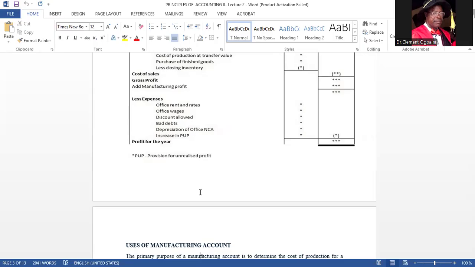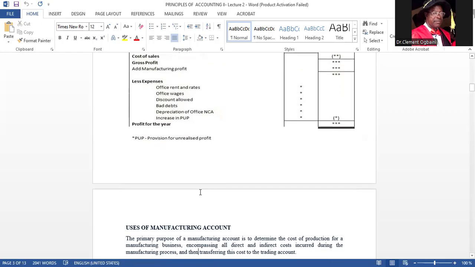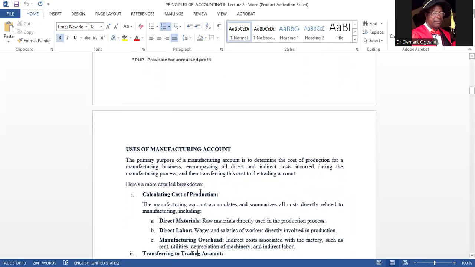So as an accountant working in a manufacturing company, you must be able to prepare the manufacturing account before you prepare the trading profit and loss account, following the format that is displayed in this material. Now, of what importance is this manufacturing account?